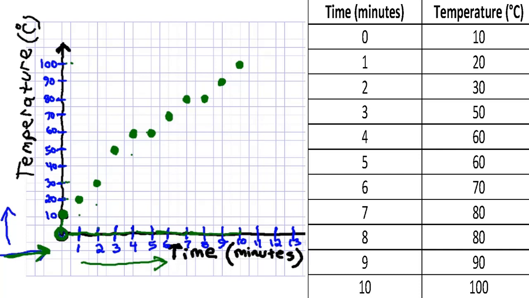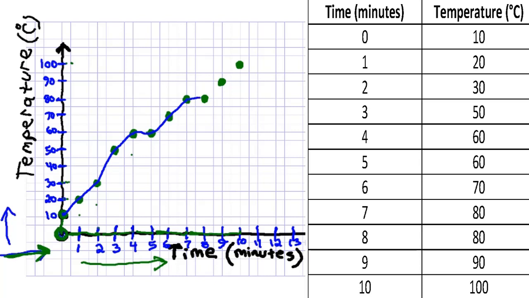So now we can take a line and connect all of these dots. All you're doing is connecting the dots in order. So we're going to do it in order of the time. So we'll start here at the 10. And try to connect them as straight as you can.